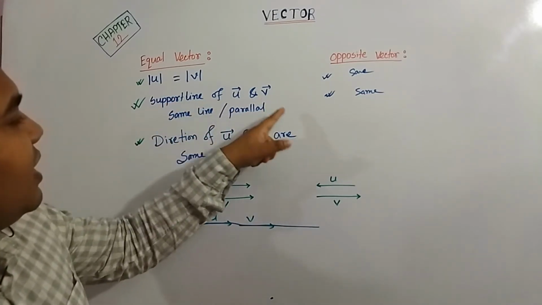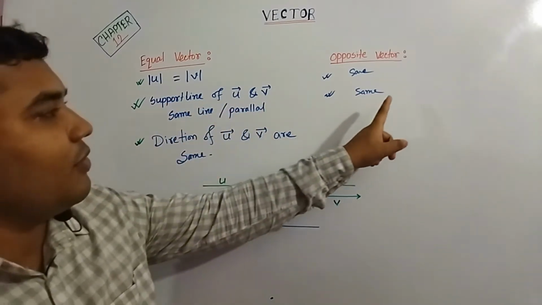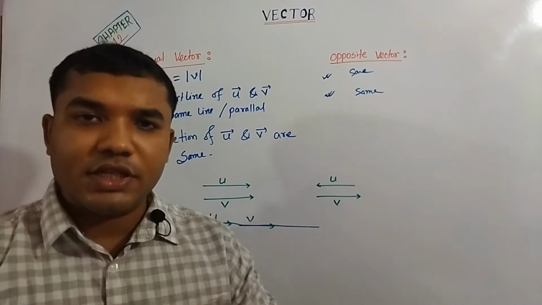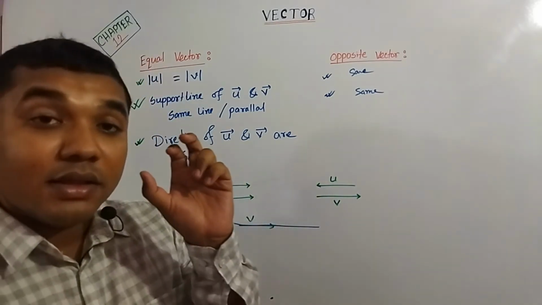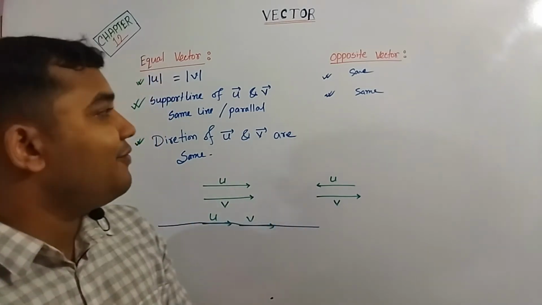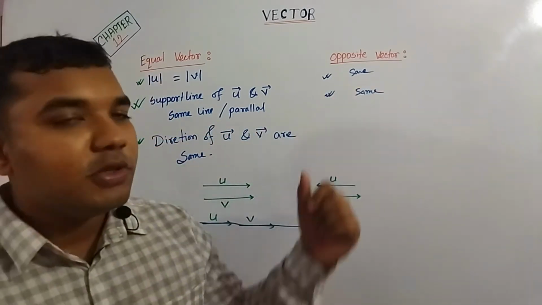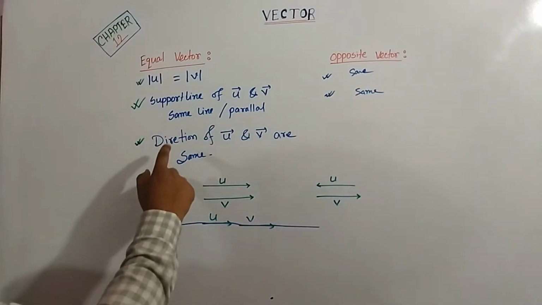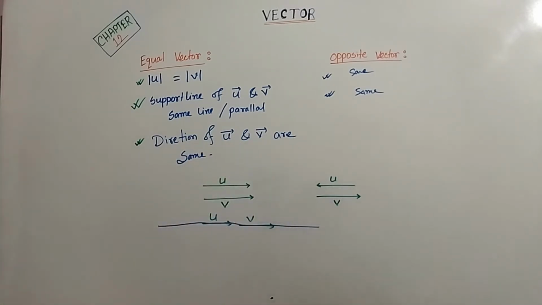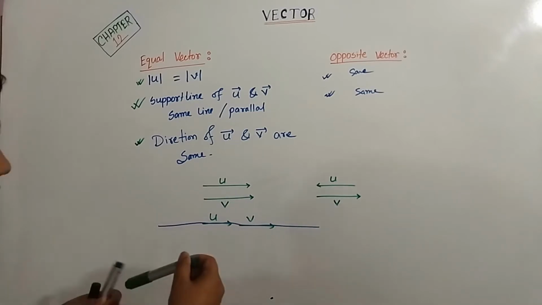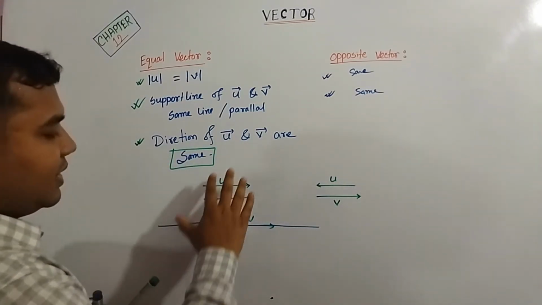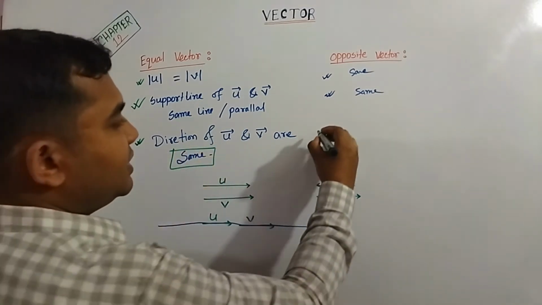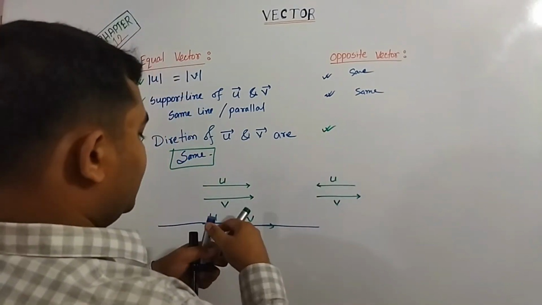The support lines of u and v being the same line or parallel is also satisfied for the opposite vector. But here it's very important, and the one and only difference between equal and opposite vectors is that the direction of these two cannot be the same, rather it is opposite. So here this cannot be the same. If it is the same, then it will be the equal vector, but if it is opposite, then it should be the opposite vector.